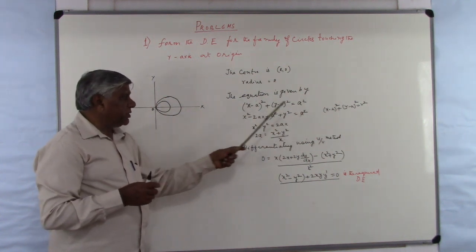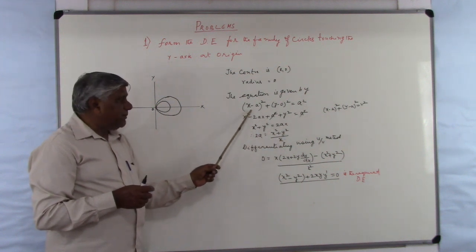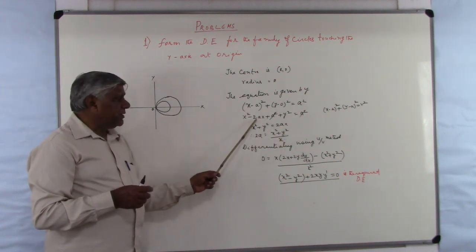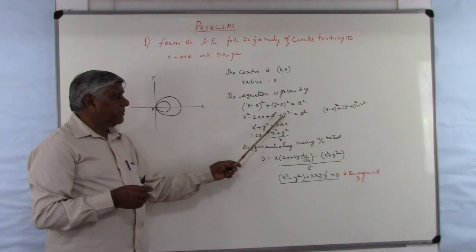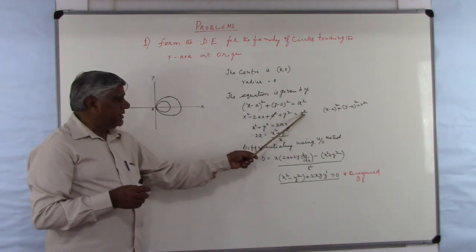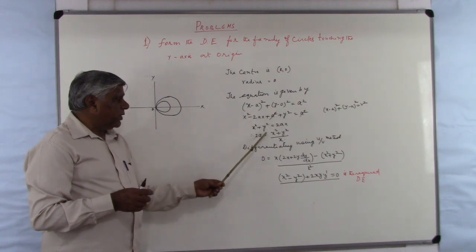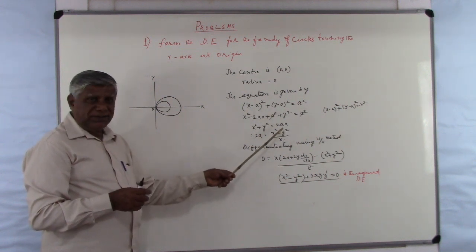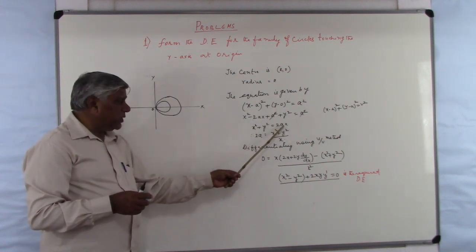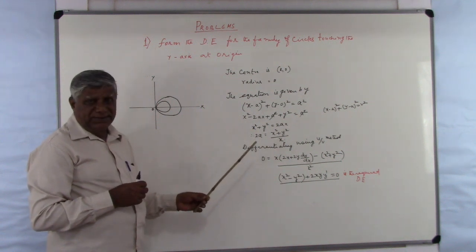You can make use of that formula and expand this. x square minus 2ax plus a square plus y square is equal to a square. This a square gets cancelled. Therefore, x square plus y square is equal to 2ax. Therefore, 2a is equal to (x square plus y square) by x.